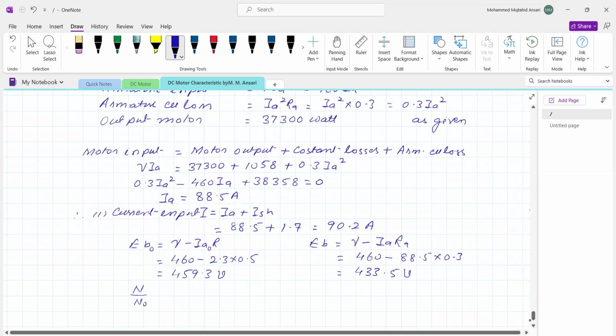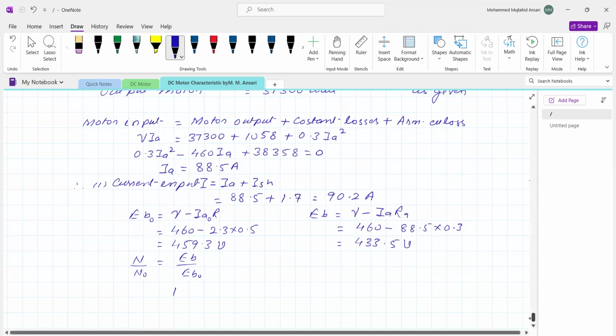Now N upon N0 equals Eb upon Eb0. Therefore the speed N is equal to 600 multiplied by 433.5 divided by 459.3.